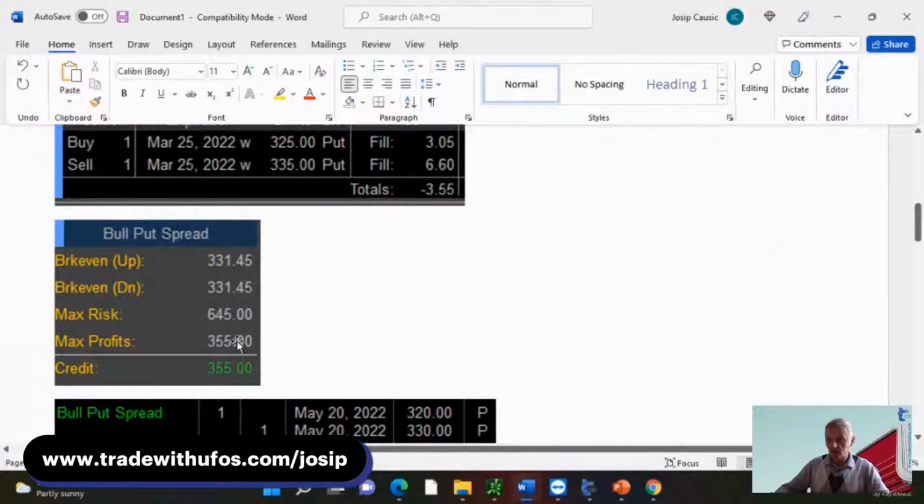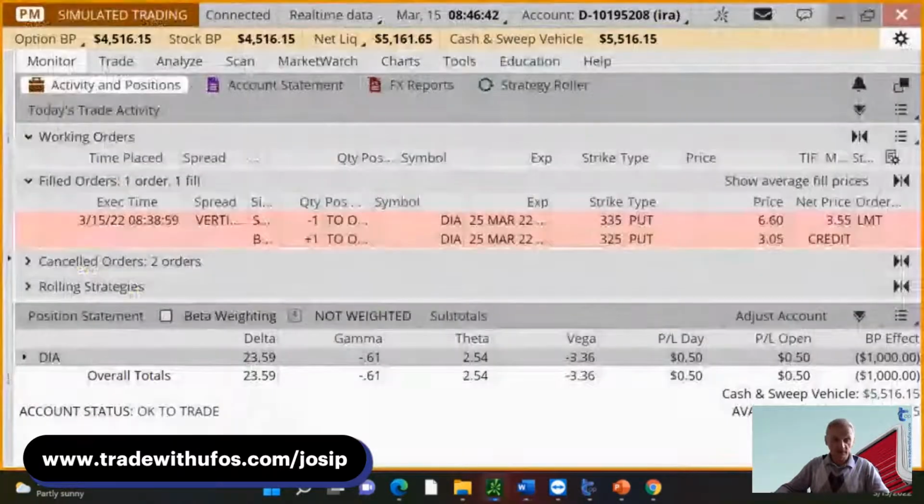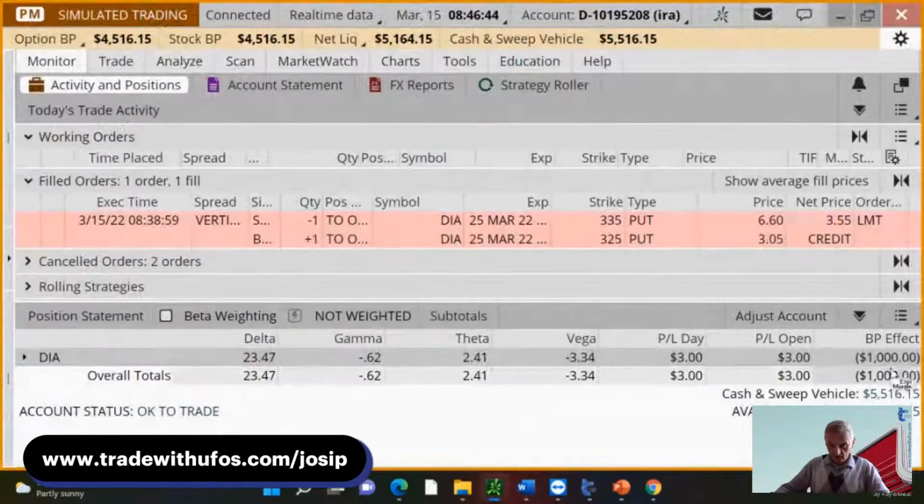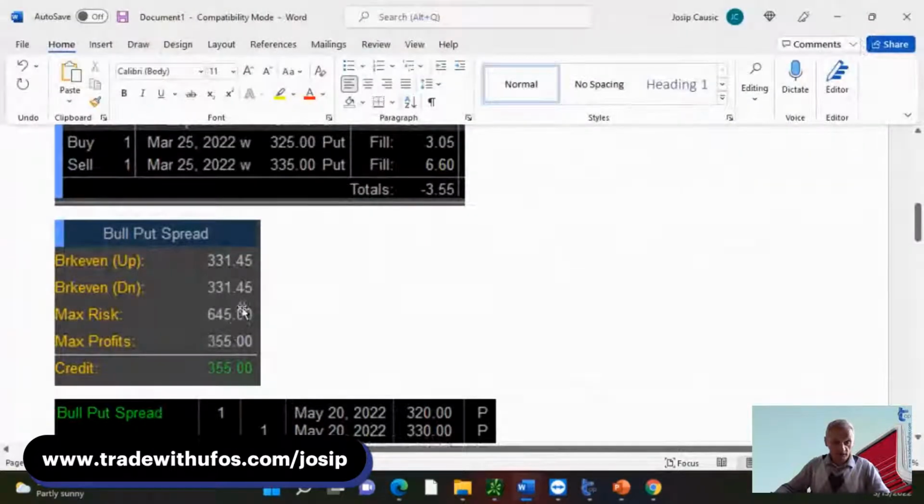So the broker, as of now, at this very second, is holding, it says a buying power effect of $1,000, but in reality, mathematically, they're holding only 645 because they gave me 355. Therefore, the most that I can make on this trade is 355. But what would need to happen?